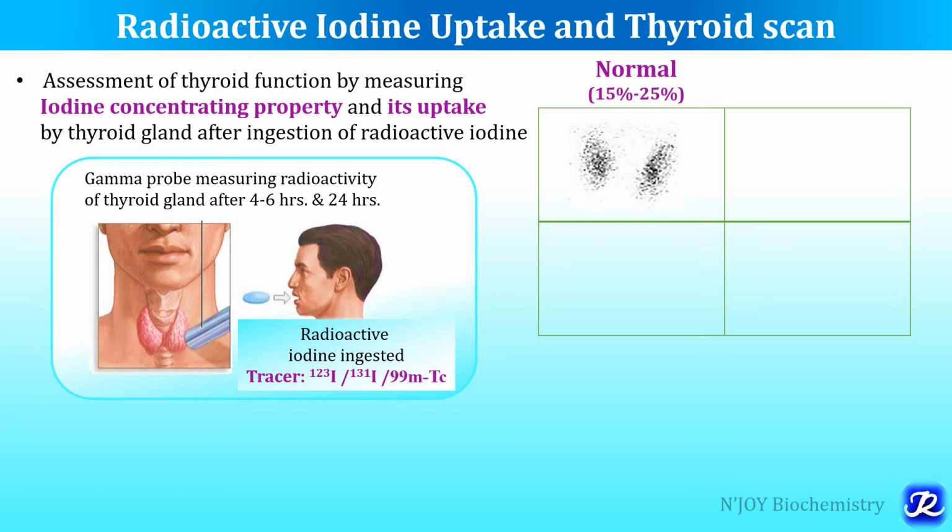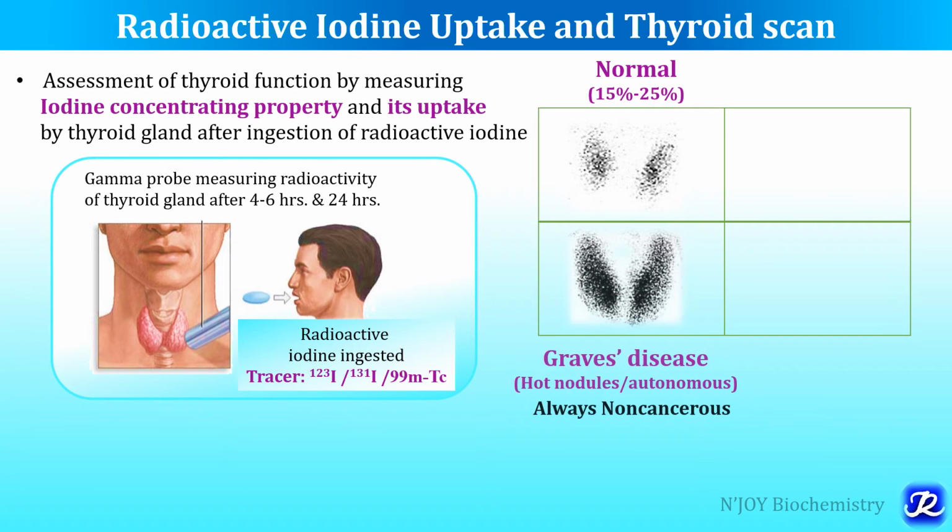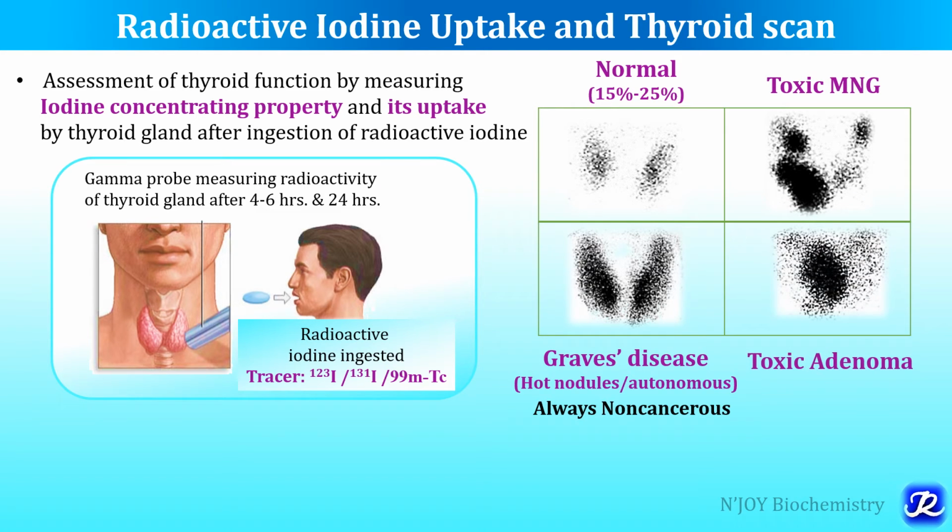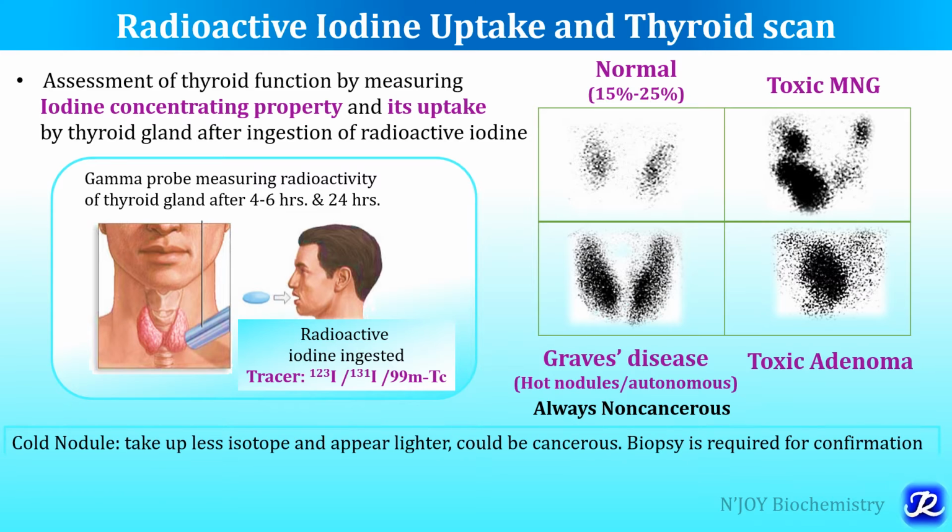In normal condition we get this type of picture, where the radioactive iodine uptake is normal, that is 15 to 25%. In case of Graves' disease, hot nodules can be seen, which are also called autonomous nodules, which are always non-cancerous. Such a picture is found in toxic multinodular goiter, and this is toxic adenoma.